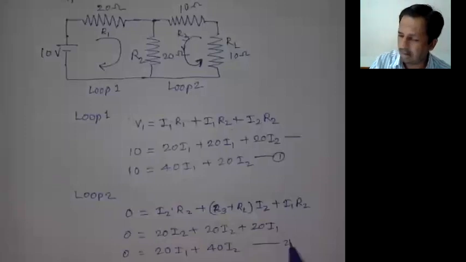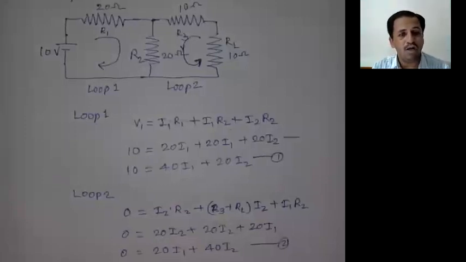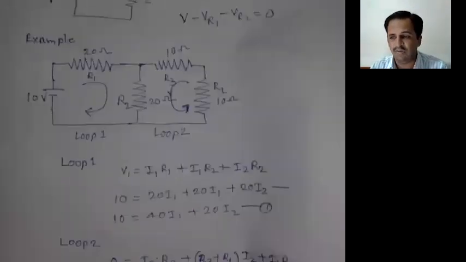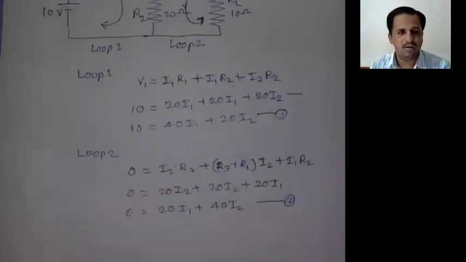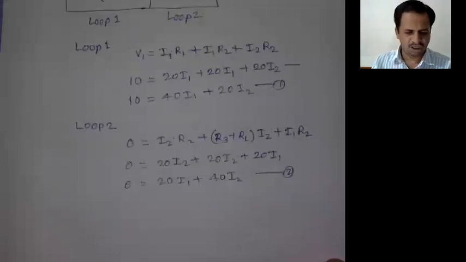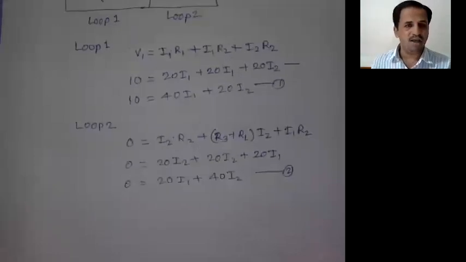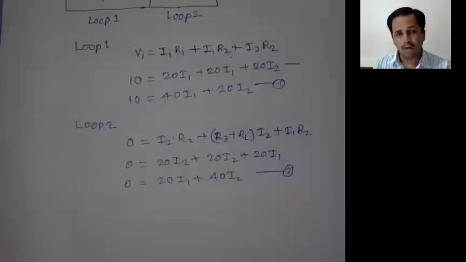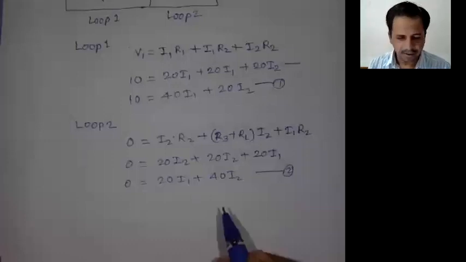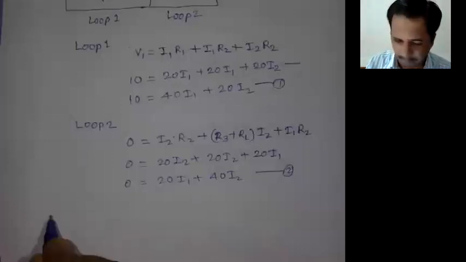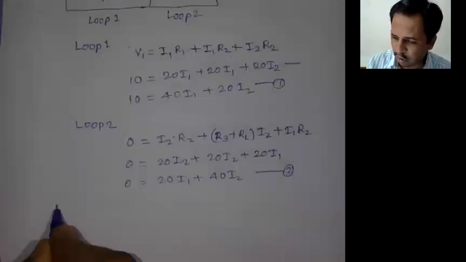Now this is equation number 2. Here we have two simultaneous equations, and these are simplified in very small steps. We have to multiply one equation, and then it is either added or subtracted. Now we have to subtract because the positive sign should be present for both cases, and we have to multiply equation number 2 by 2.